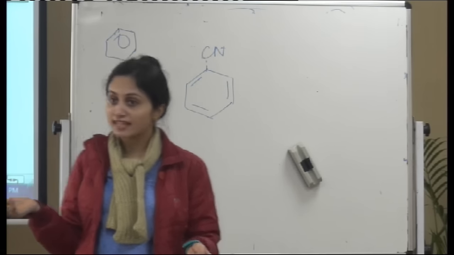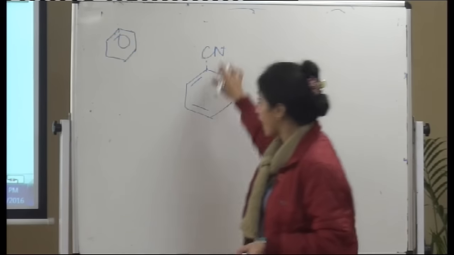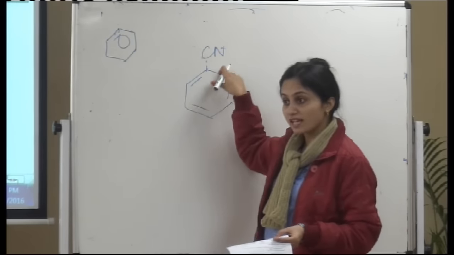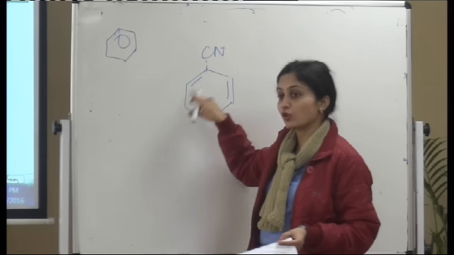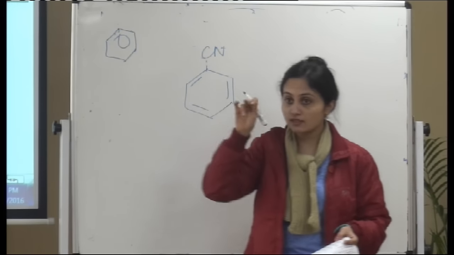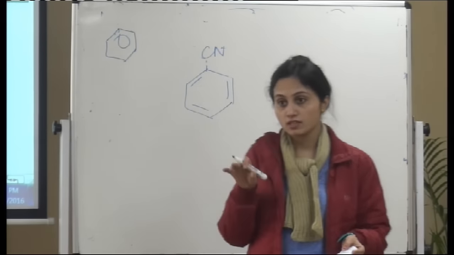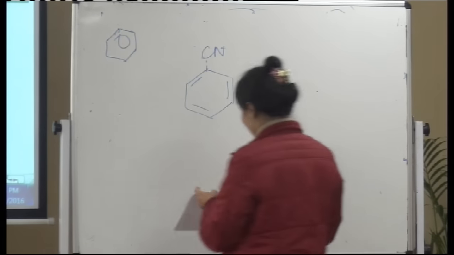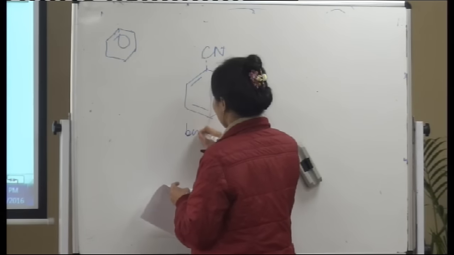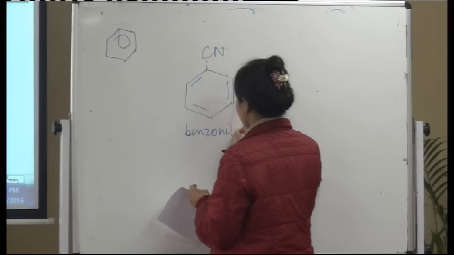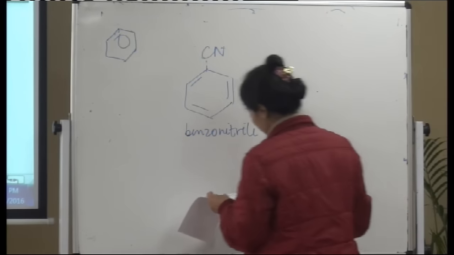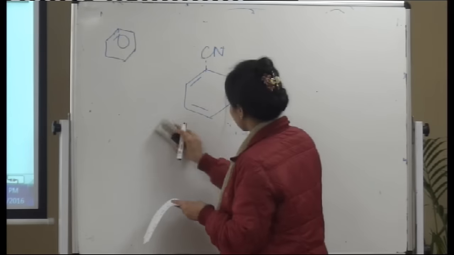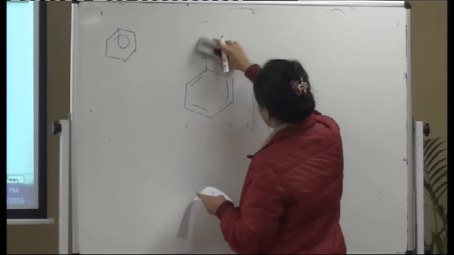Otherwise as cyanide. So you can either name it as cyanobenzene or benzonitrile. If you're putting that O in the end, then it will be benzonitrile. I'm just putting the name because there was a little confusion for this. This is your benzonitrile.